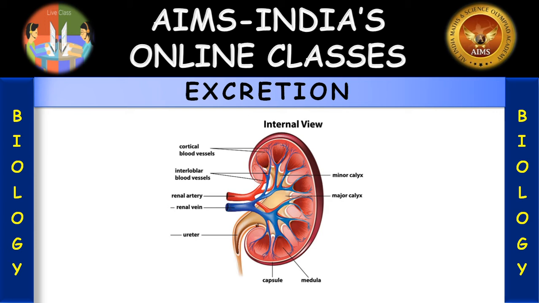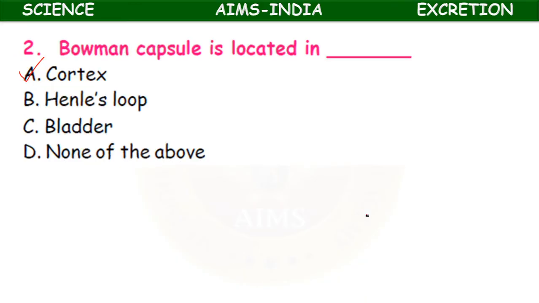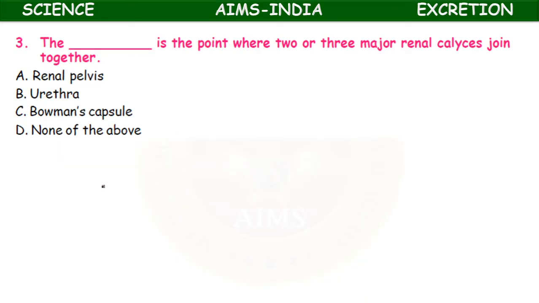The renal pelvis is the region where three or more renal calyces, minor, major calyces, join together and open into the renal pelvis. This renal pelvis opens into the ureter.